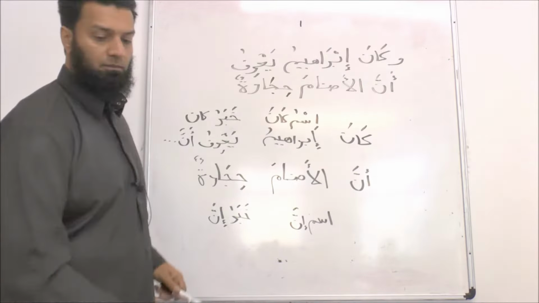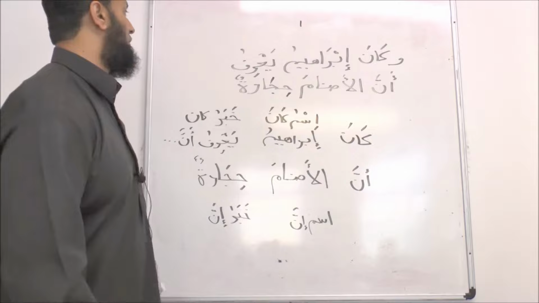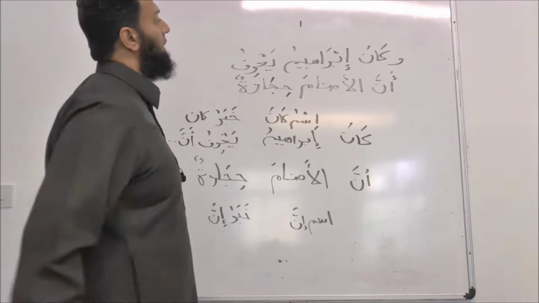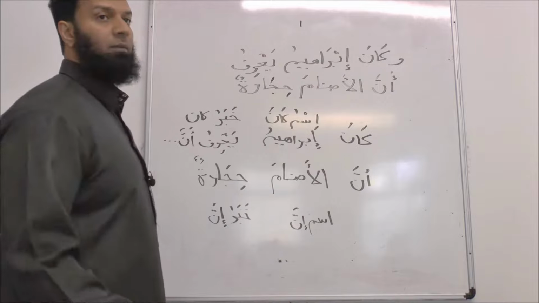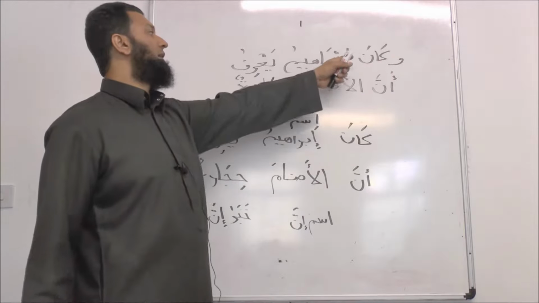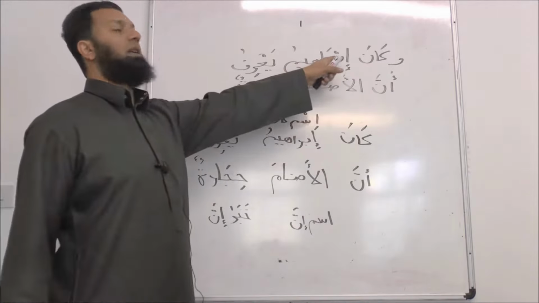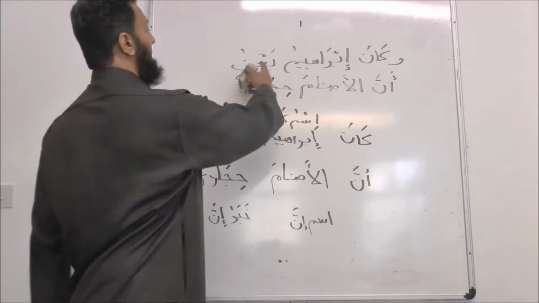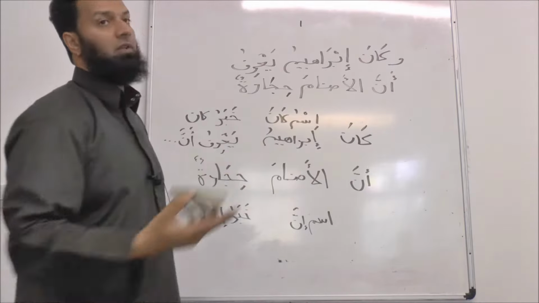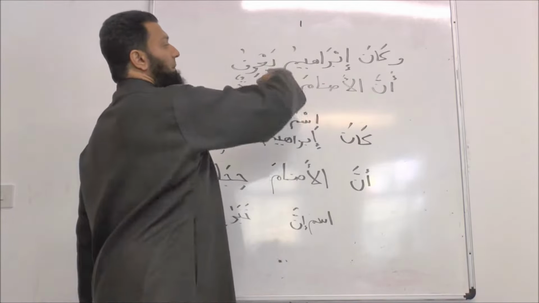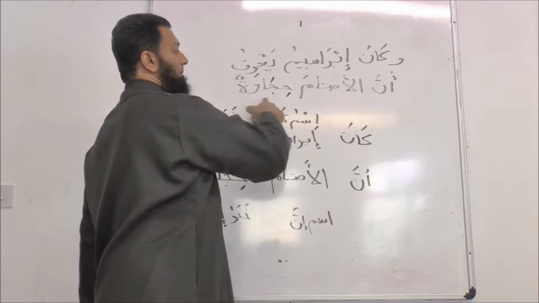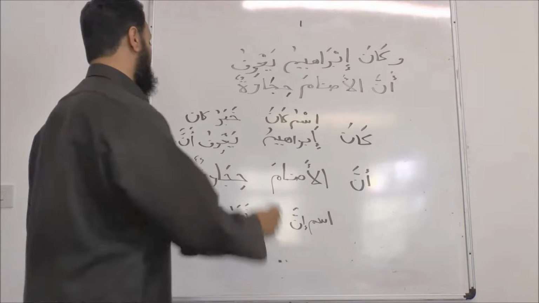So what we have therefore in our sentence, وَكَانَ إِبْرَاهِيمُ يَعْرِفُ أَنَّ الْإِسْلَامَ هِجَارَةٌ, is kana and then ismu kana Ibraheemu. Khabaru kana happens to be ya'rifu anna al-islam hijaratun, but that itself, the khabar, comprises of what?